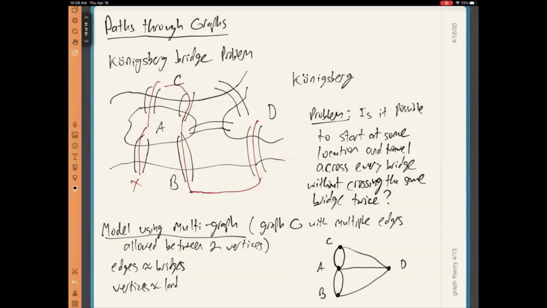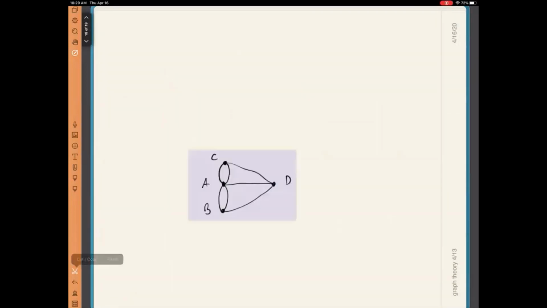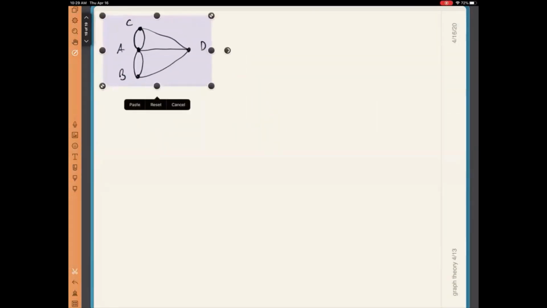And so the question is, well, one way to rephrase this problem in terms of graph theory is if you start at any vertex, is it possible to find a path through the graph for which you do not traverse the same edge more than once, right? So the bridge becomes an edge now, right? Right, so let me write that out on the next slide. Okay, so let me just copy the picture up over here.